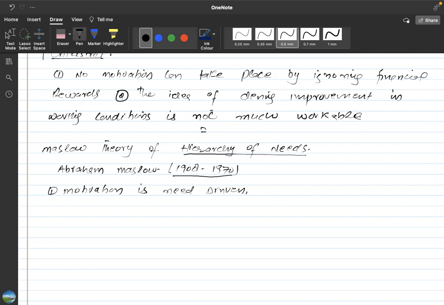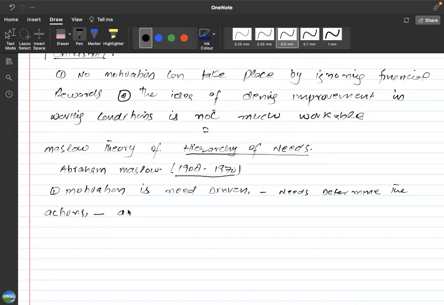So we say that needs determine the actions. And we are always struggling, making effort to satisfy the needs. All of our efforts are to satisfy the needs.